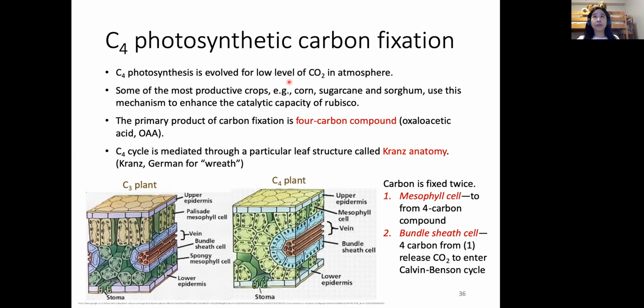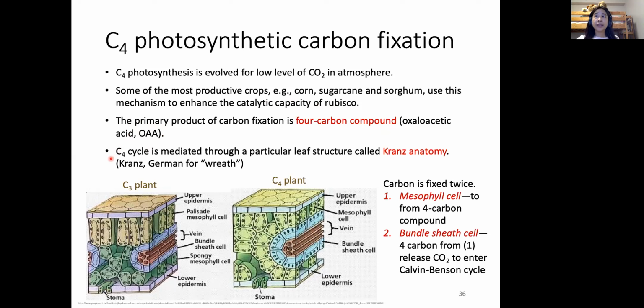Most crops, such as corn, sugarcane, and sorghum, use C4 photosynthesis as a mechanism to enhance the capacity of rubisco. The primary product of carbon fixation is a C4 compound, in this case oxaloacetic acid, or we can shorten it as OAA.